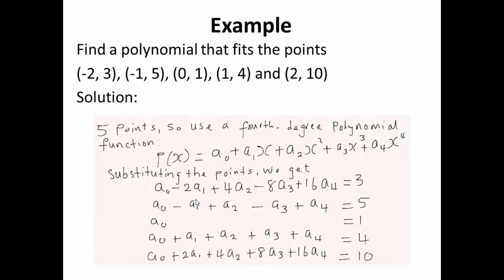What do we do next? Substitute each of those 5 points into the polynomial function, and we get a set of 5 linear equations with 5 unknowns. And the unknowns again are a0, a1, a2, a3, and a4.